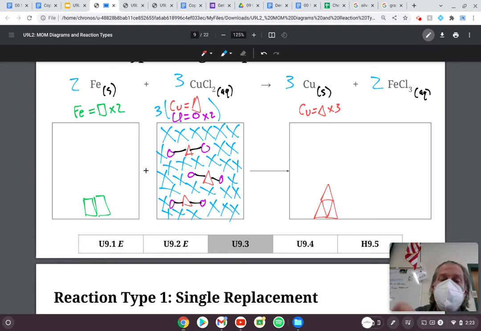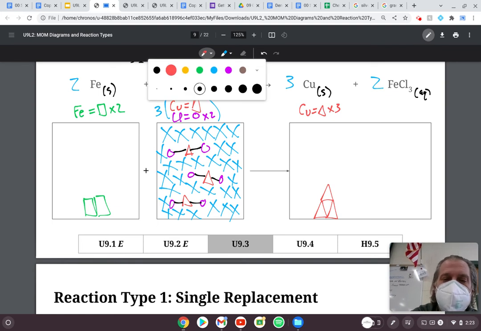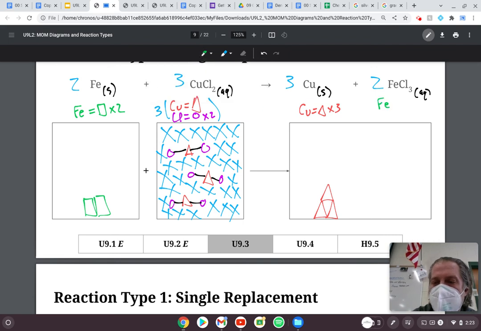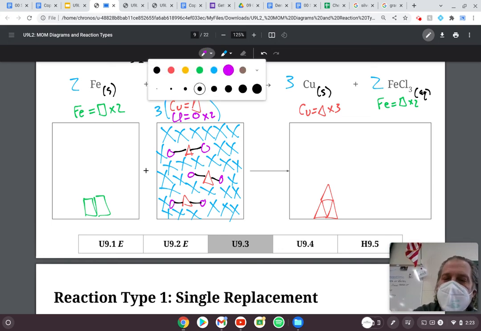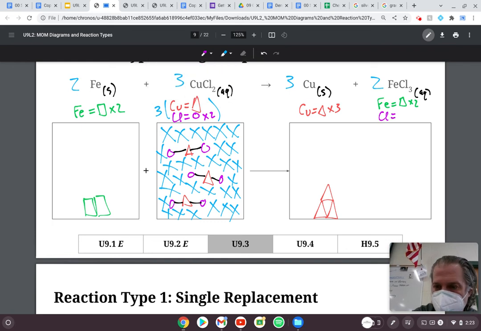Now, I have iron, and according to this 2 in front of the FeCl3, I have iron times 2. And in my Cl3, that's going to be a circle again. Something like, well, I guess it'll be times 6.